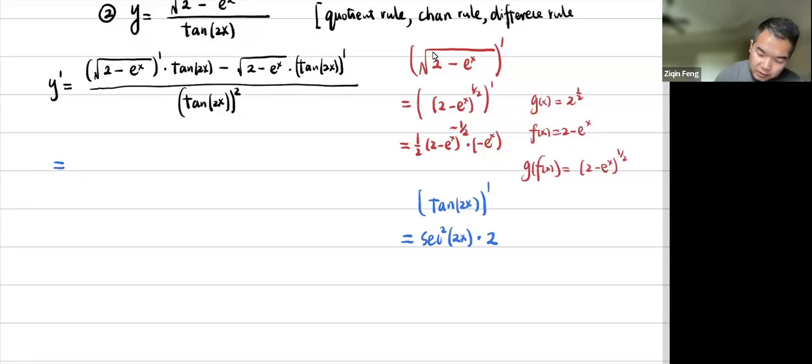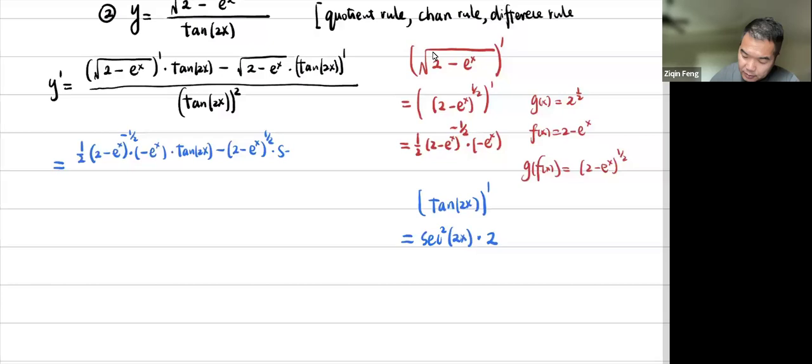The final answer is 1/2 times 2 minus e to the x to the power negative 1/2, times negative e to the x, then times tangent of 2x, minus 2 minus e to the x to the power 1/2 times secant squared of 2x times 2, over tangent of 2x squared.